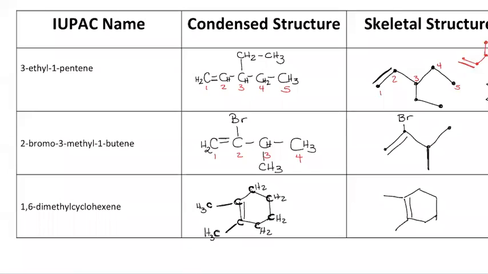Wait, well, because the double bond has to be on 1 and 2, correct? Yes. So 1, 2, 3, 4, 5, 6. So that's why I thought that the second methyl would be on like either before or after the double bond. Because wouldn't that make it 1, 2 dimethyl?